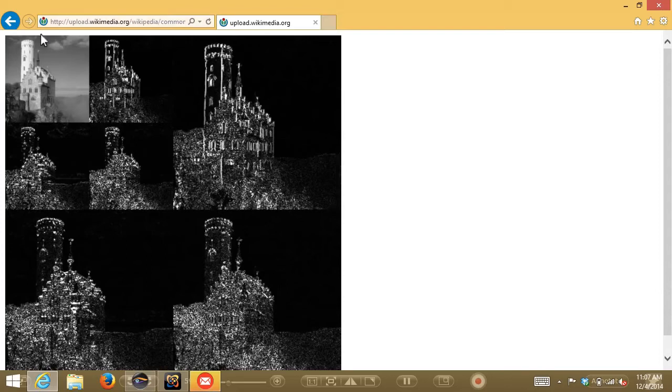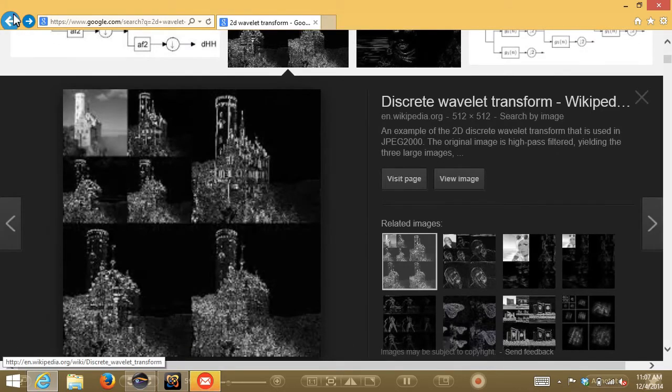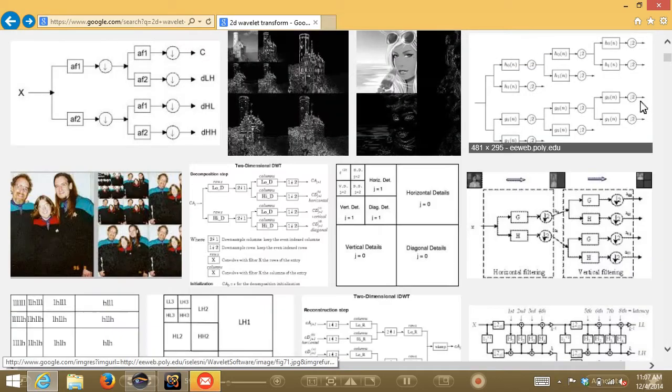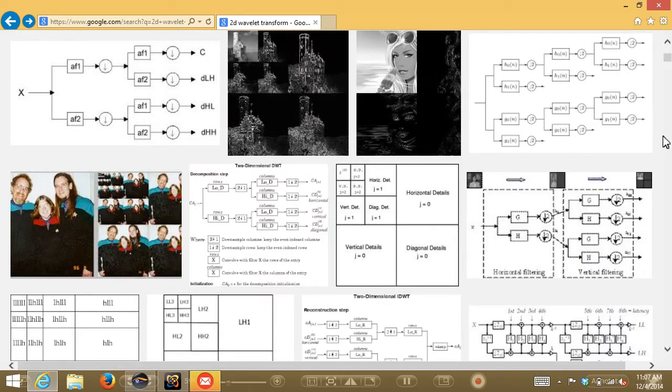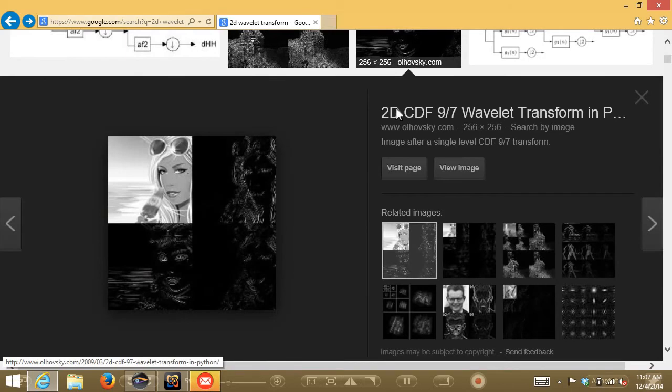For example, I have a strong edge in the castle here that's coming out as strong edges here. And these are the edges that are most important in the vertical direction, so for example the top of the castle responds strongly here. Then these are lower-pass versions. Let me see if I can find a better example than this, because this is kind of... Star Trek people. This may be better because it's kind of like line art.